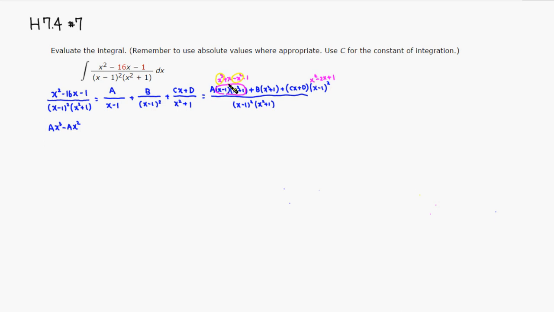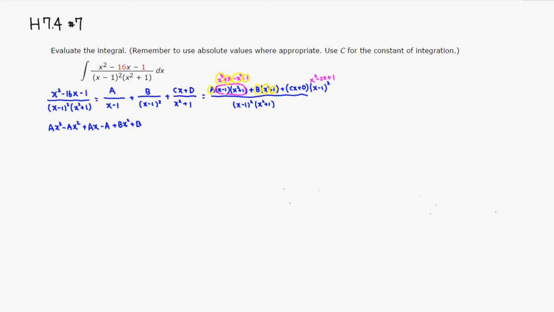Then a times x is plus ax, and the last one, negative 1, gives negative a. Then distribute b, so you're going to have bx squared plus b. That took care of those terms.